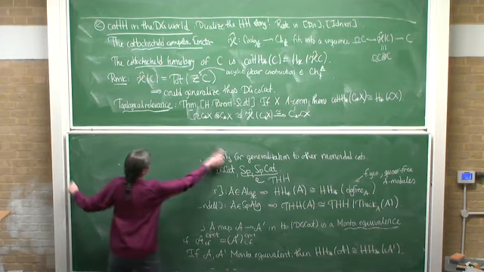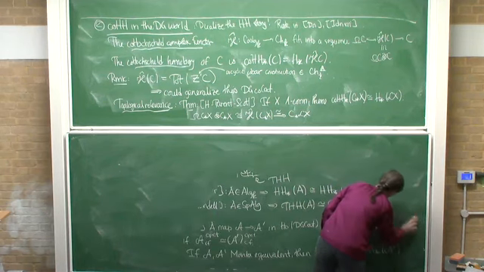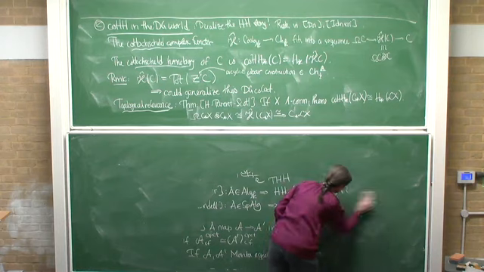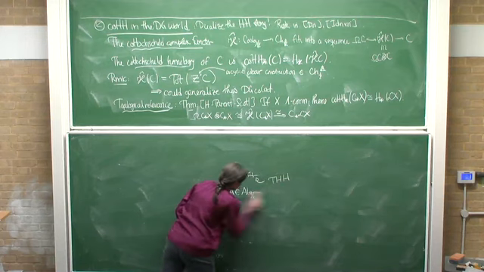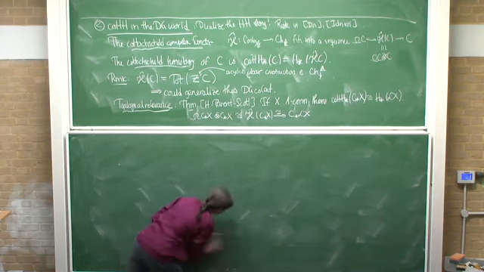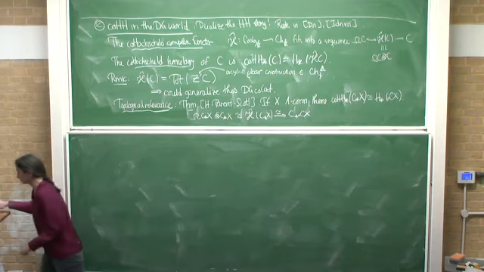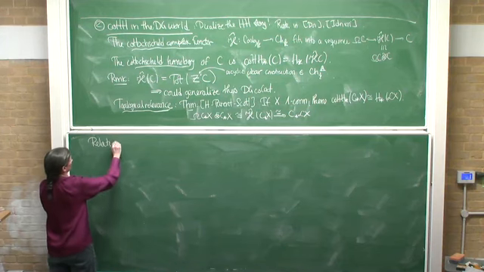But now let's think about some of these properties analogous to what we saw for Hochschild homology and see what we can say. All right. So first of all, let's consider the relation with Hochschild homology.